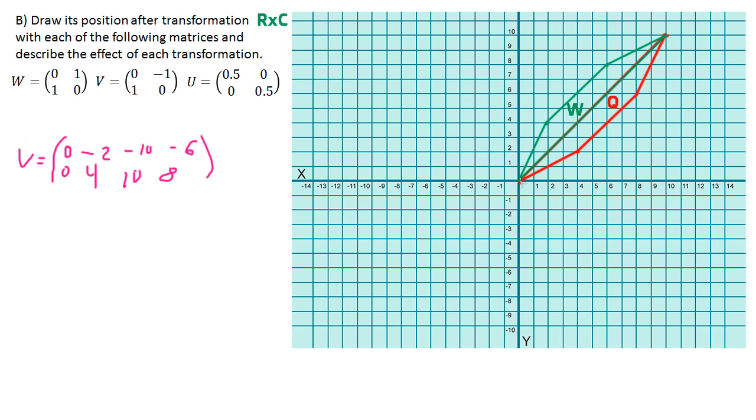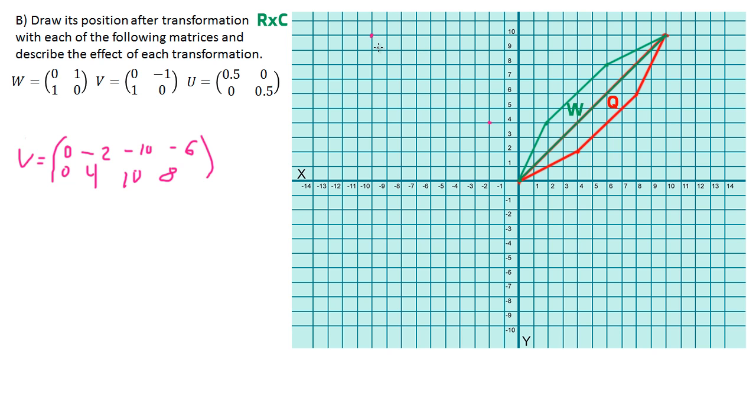So minus 2x and then positive 4, yes, it's a positive there. And then it's minus 10x, all the way there. So 1, 2, 3, 4, 5, 6, 7, 8, 9, 10, and all the way up to 10 as well, which is there.